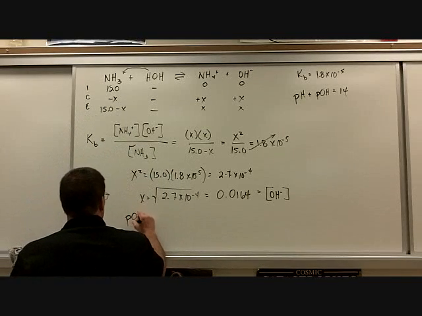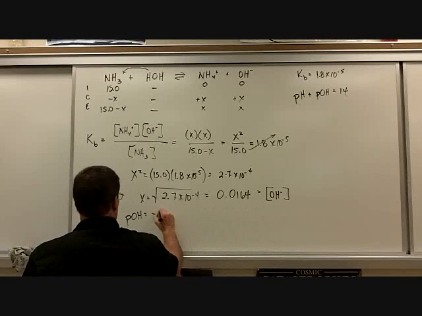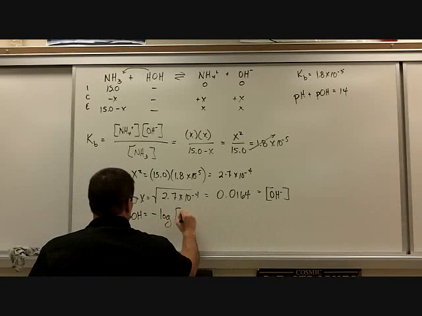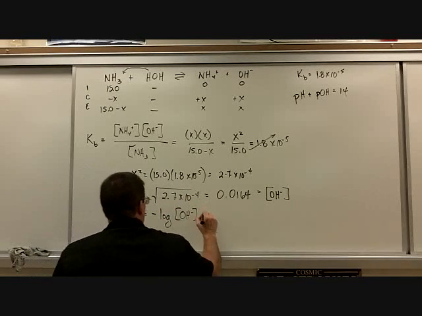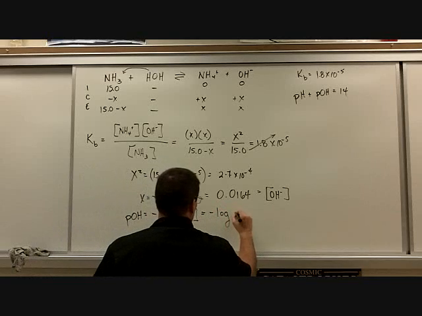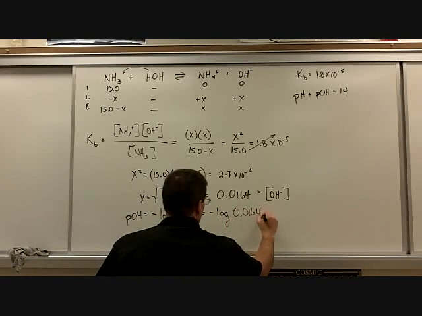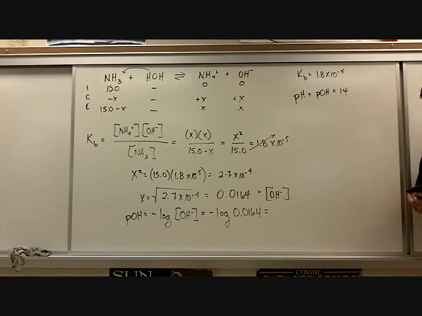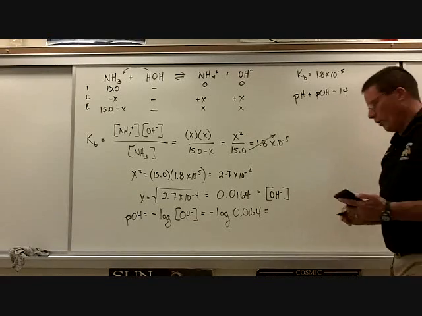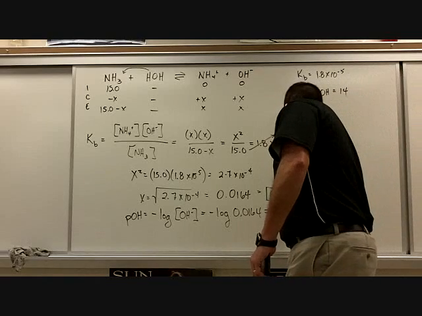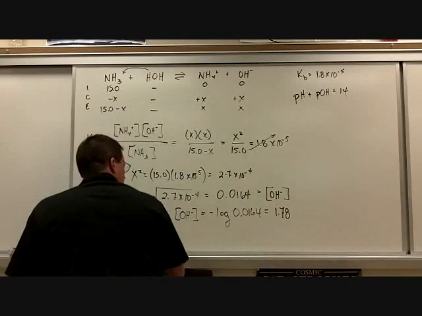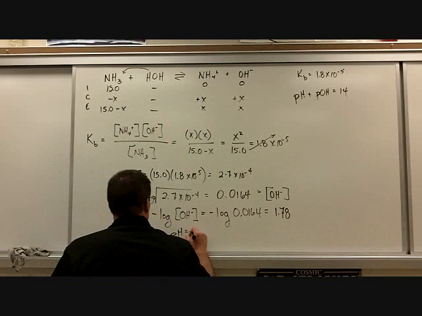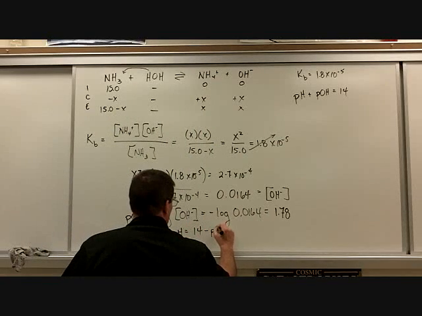So pOH, since I know the hydroxide concentration, is negative log of the OH. So negative log of 0.0164. So 1.78 is my pOH, and then pH would be 14 minus my pOH.